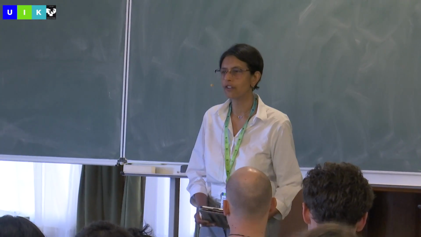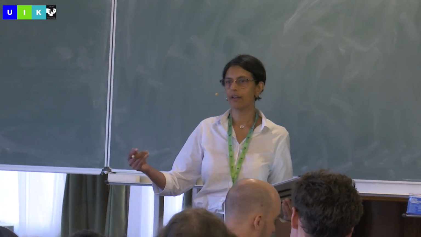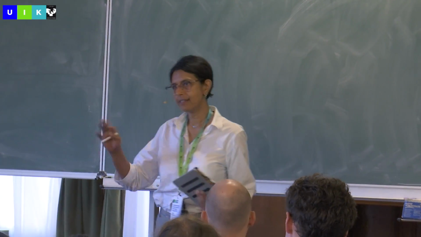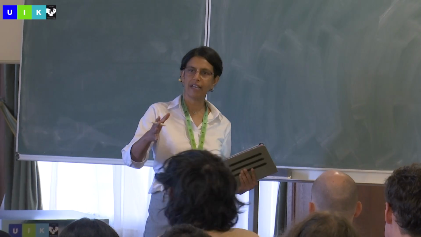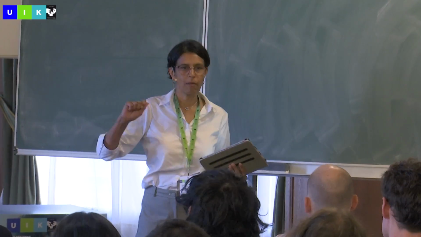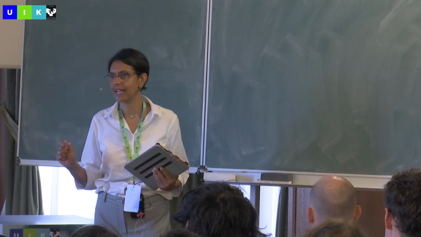So let me just start off with scanning tunneling microscopy. The first part, and this I'll go through really quickly, is I want to just motivate where we always write down this formula for what we measure with STM.